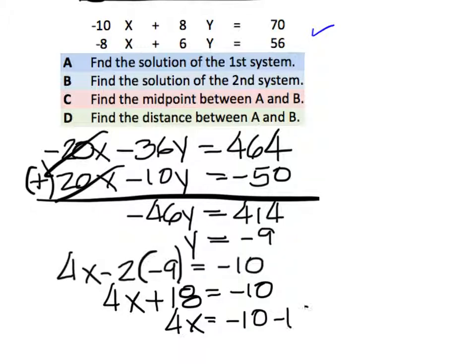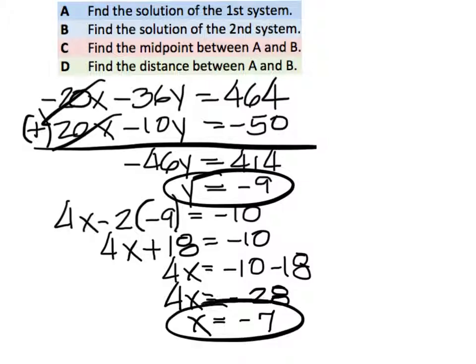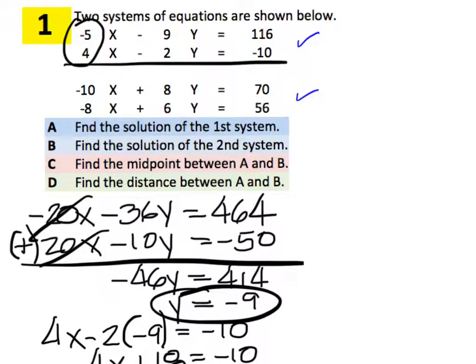Move the 18 to the right, change the sign, and you come up with a negative 28. Divide by 4 to get a negative 7. So there's your solution to question A, the solution to the first system of equations, negative 7, negative 9.